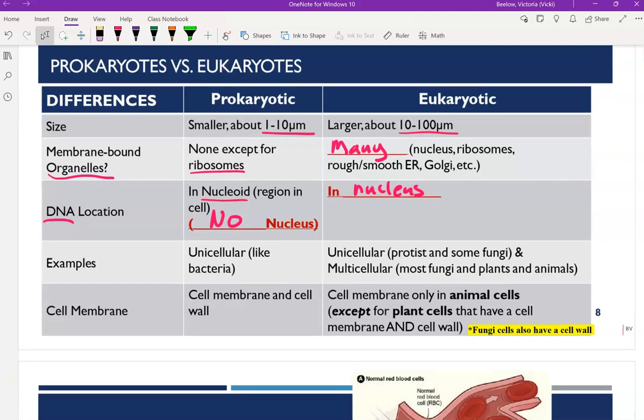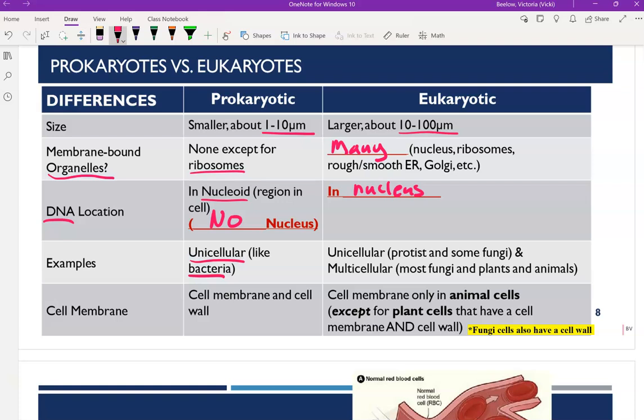Examples can include bacteria, a really good example. You saw the blue bacteria, also called blue-green algae. Those are good examples of prokaryotes. They're very simple. And all prokaryotes are unicellular. There are no multicellular prokaryotes out there.